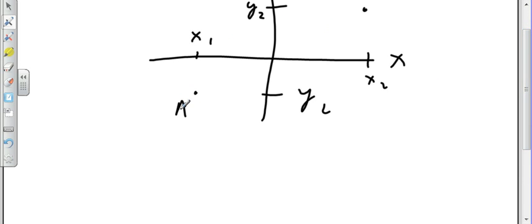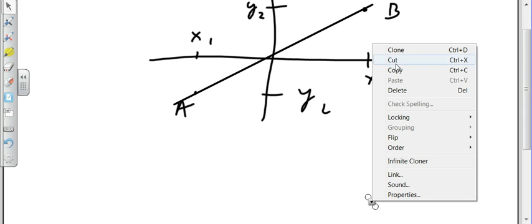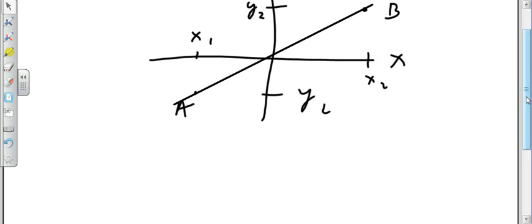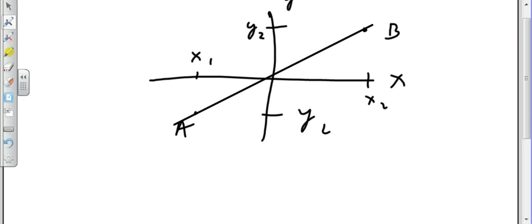I'm going to call those A and B. So we'll have some line going through A and B, and I want to find the midpoint of that line.